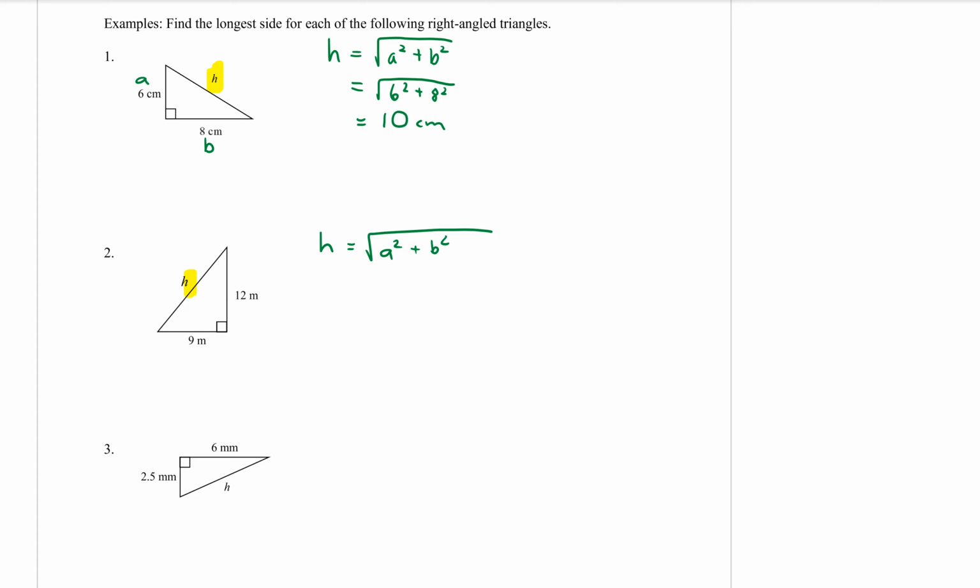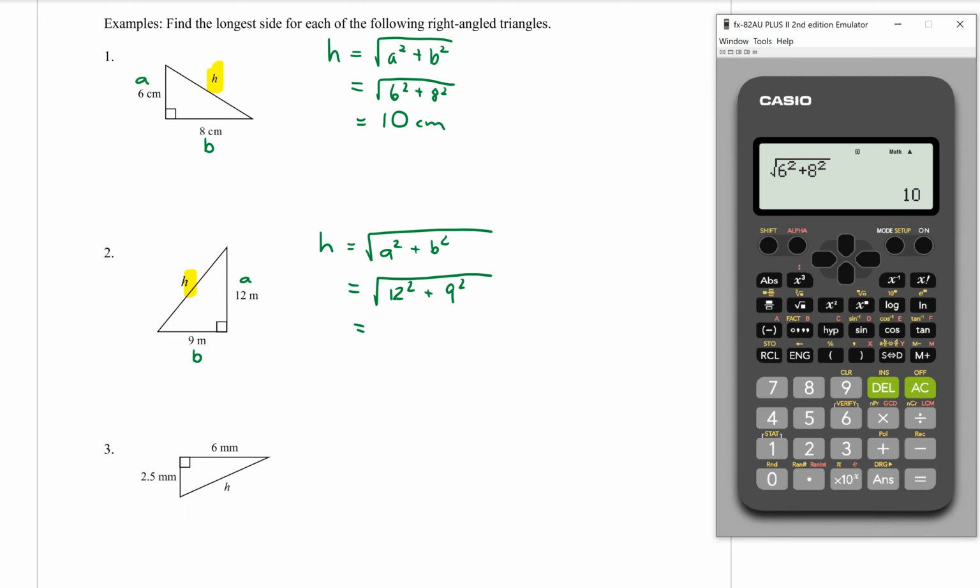I'm going to call the A the 12 and the B the 9. So second line is to sub those numbers into the formula. So square root sign again. A is 12 squared and B is going to be 9, so 9 squared. Third line is type it in the calculator.